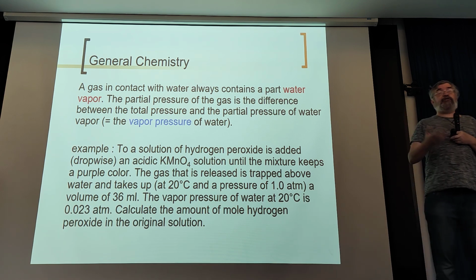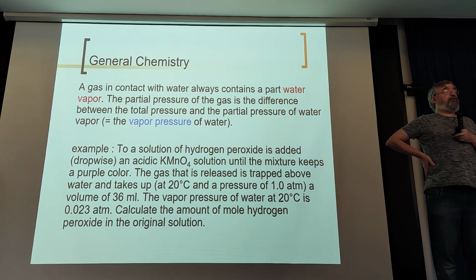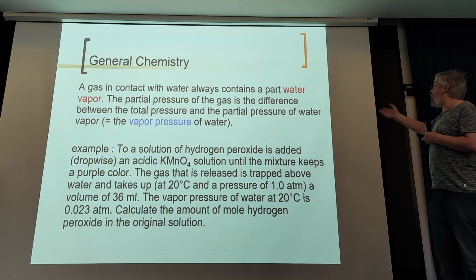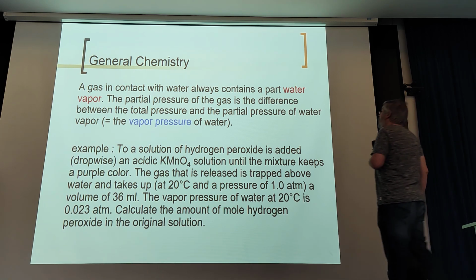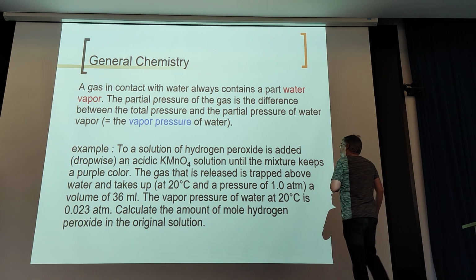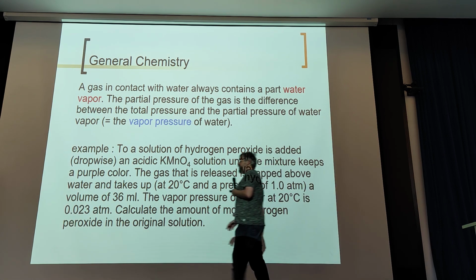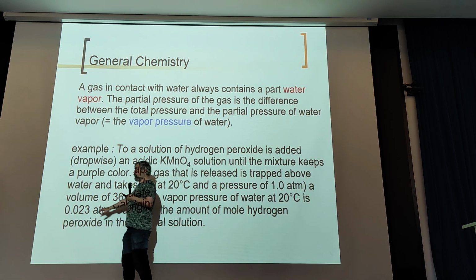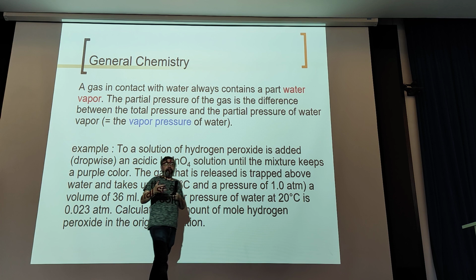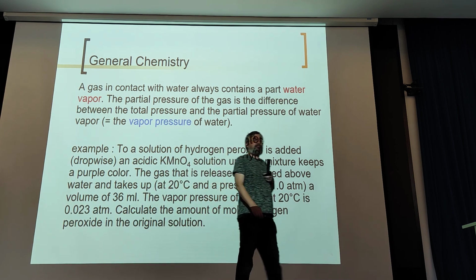How much water is in the air depends on the vapor pressure of water at a certain temperature. The vapor pressure at room temperature is not that high. It's about 0.023 atmosphere, so about 2% of the total pressure.